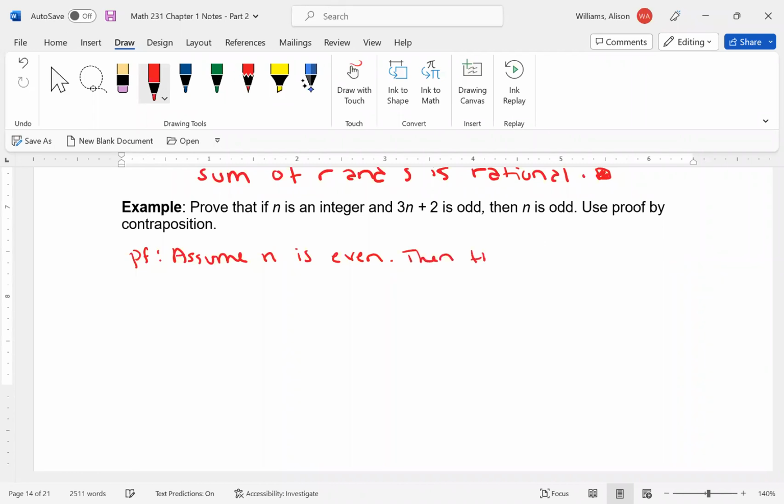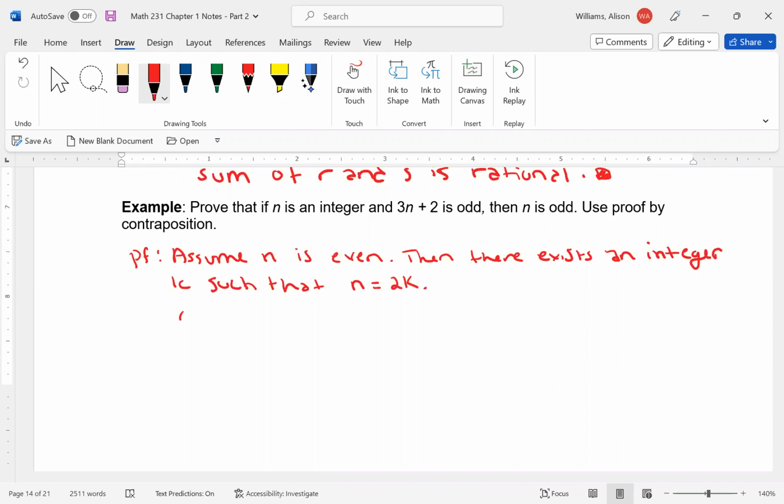Then there exists an integer k such that n equals 2k. That's the form for an even integer by that definition earlier. Cool. Now, what we want to do is look at what happens to 3n plus 2.